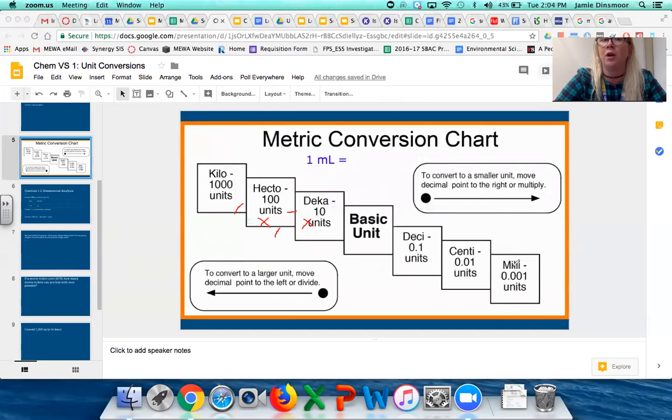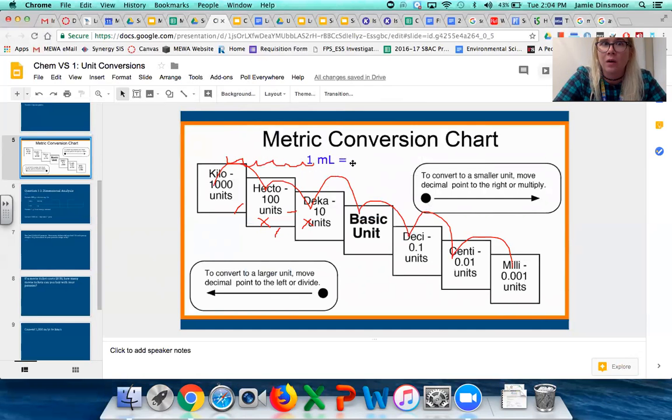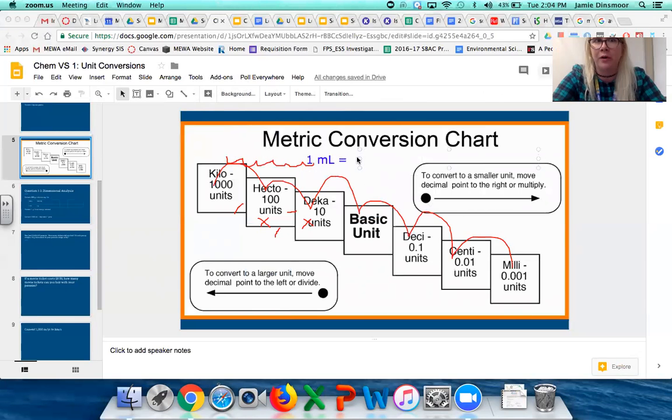Well, we're going to have to go pretty far here. We're going to be moving the decimal 1, 2, 3, 4, 5, 6 places to the left. So it's going to be pretty small. So 1 milliliter is equal to, come on, Zoom, let me write what I want to write, 0.000001 kiloliters.